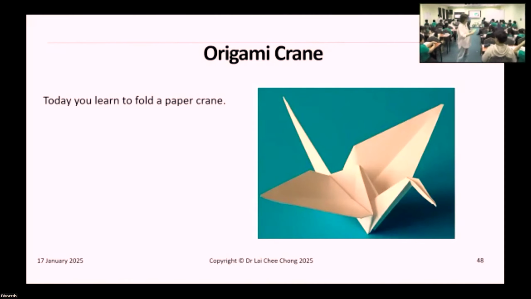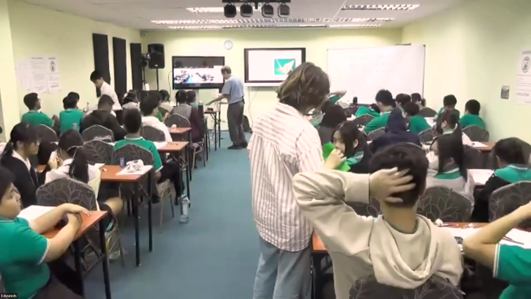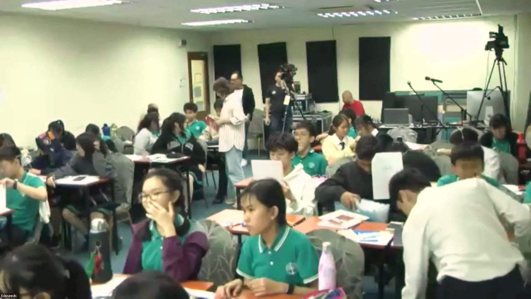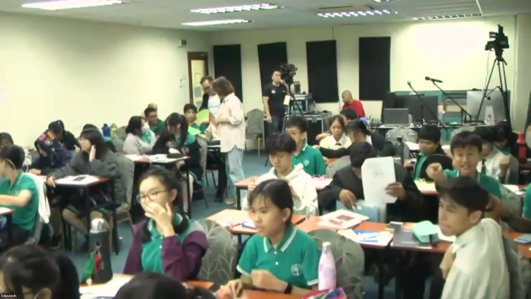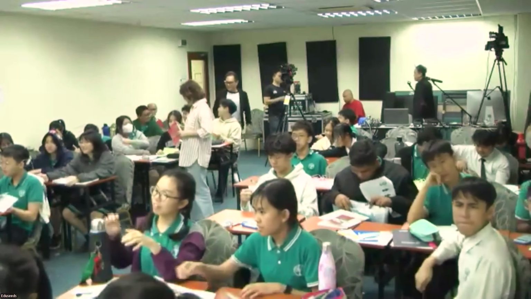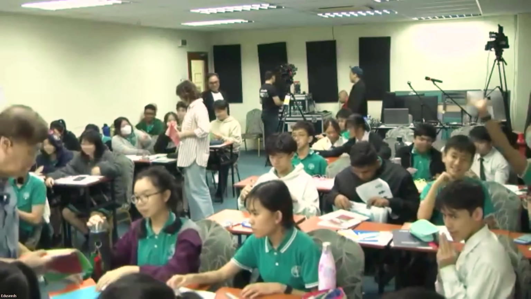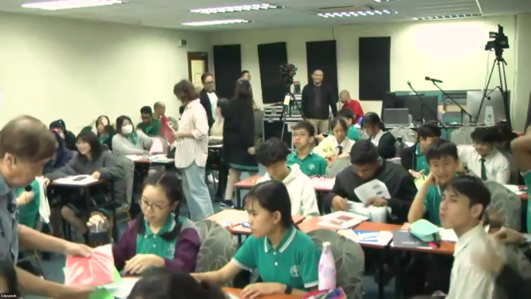Take one sheet. If you want to take two, that should be enough. You choose a color. Do you want different colors? Choose a color. Okay, let me take out all the colors.